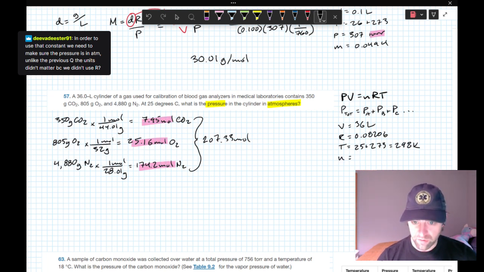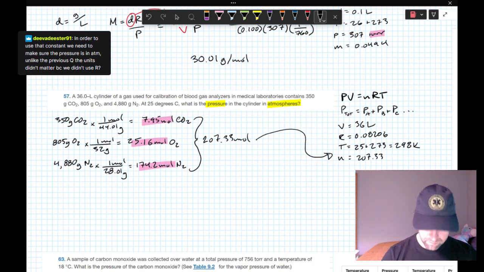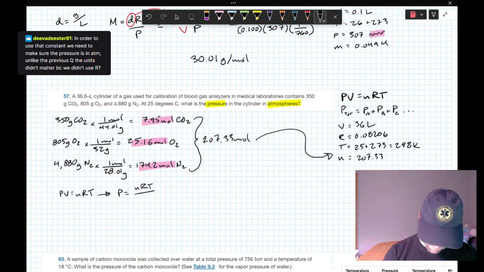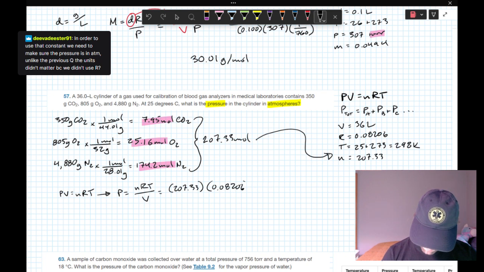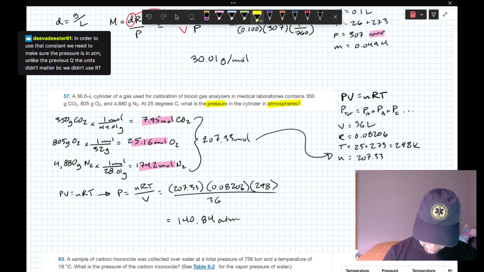And now we have a number of moles. That would equal 140.84 atmospheres.